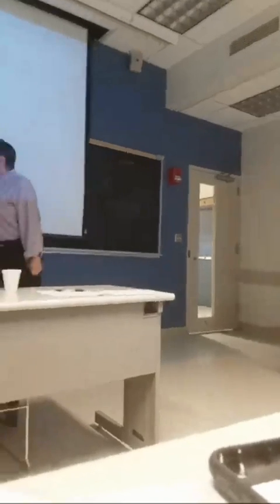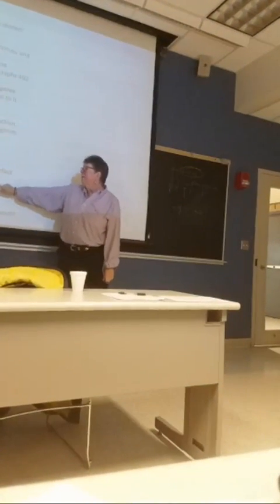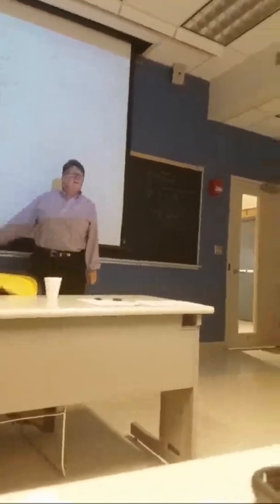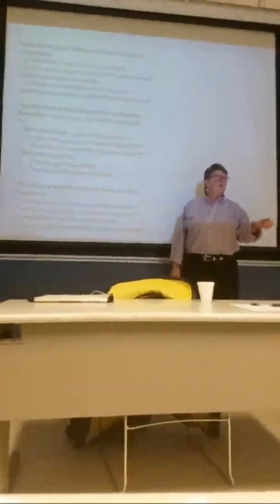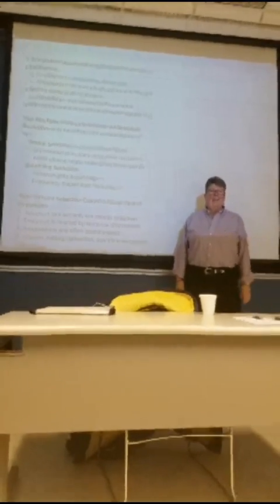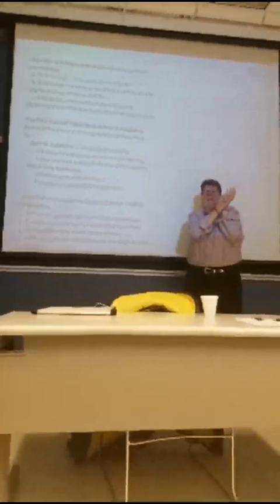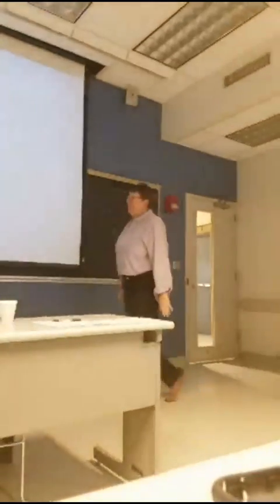What are some of the limiting problems here? I mentioned this earlier. Selection can only act on existing variations. If you don't have a particular gene in the gene pool, you're not going to be able to predict, unless there's a spontaneous mutation, which would be a really big coincidence. So, existing variations.